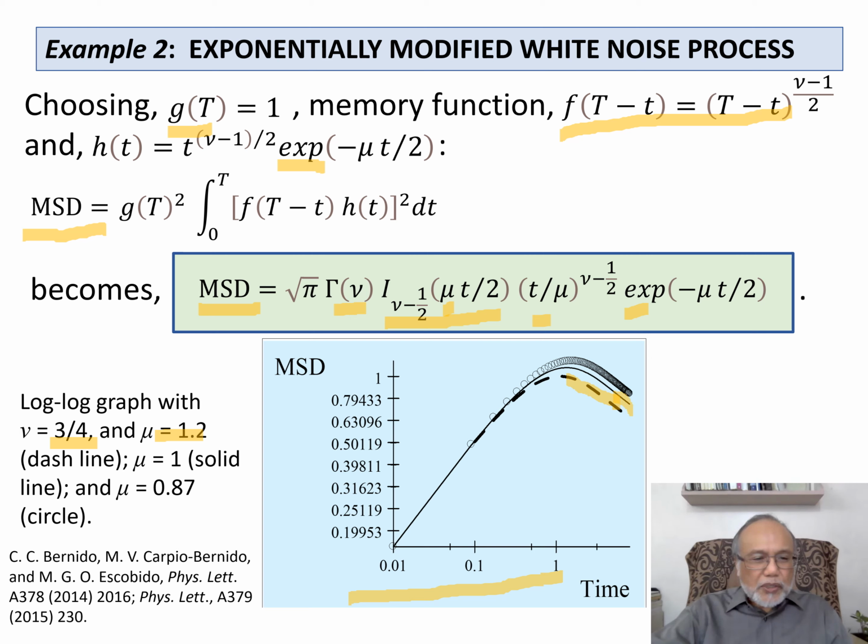And for mu equal to 0.87, we have the circles in this graph. And so varying the parameters nu and mu will give you the flexibility to match an empirical MSD with your theoretical MSD. And it will lead you on the road to having a theoretical framework for whatever empirical data that we have.